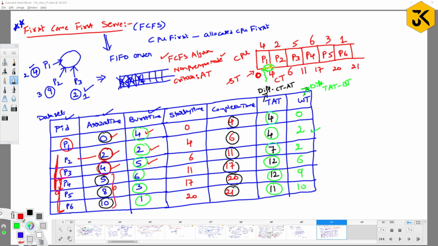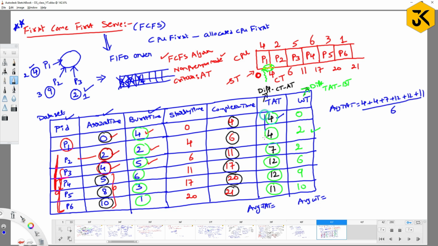Now calculate the average waiting time and average turnaround time of all processes. Average turnaround time is the turnaround time of processes P1 to P6: 4 plus 4 plus 7 plus 12 plus 12 plus 11, divided by the total number of processes, 6, right?